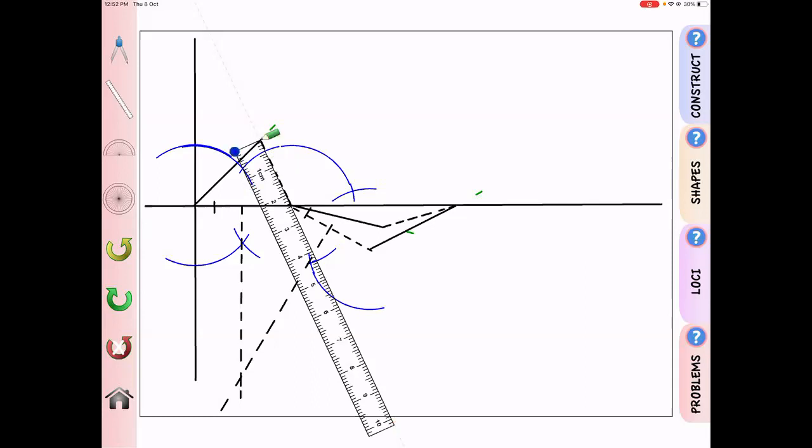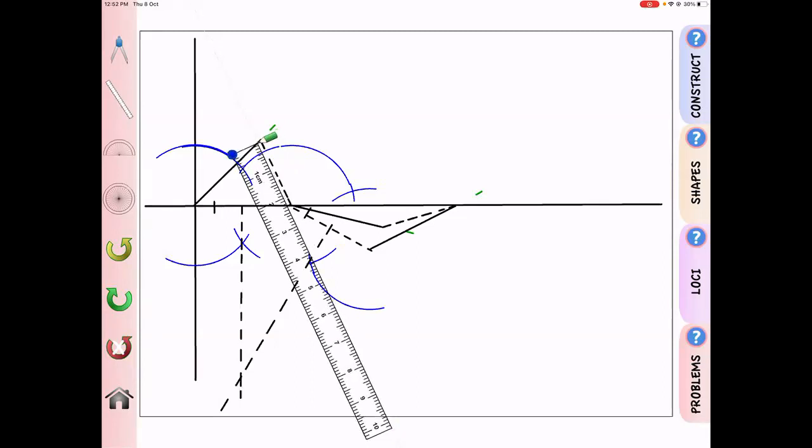So let me just displace the, so this is the midpoint, okay?